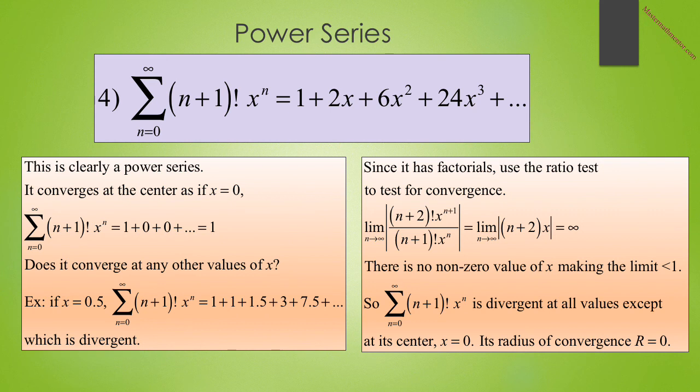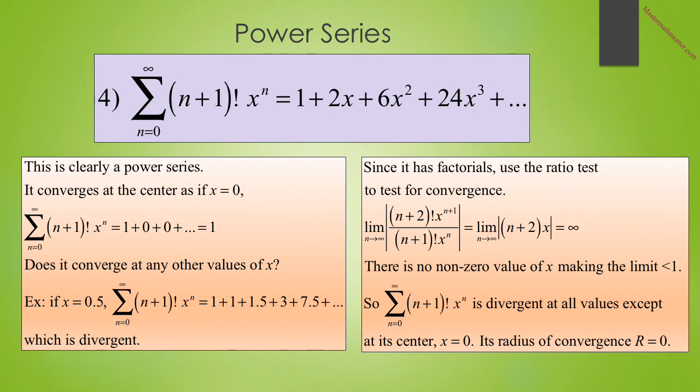We look at the limit as n approaches infinity of the absolute value of the n plus first term over the nth term. And that is the limit as n approaches infinity of the absolute value of n plus 2 factorial x to the n plus 1 over n plus 1 factorial x to the n. And that is the limit as n approaches infinity of the absolute value of n plus 2 times x.